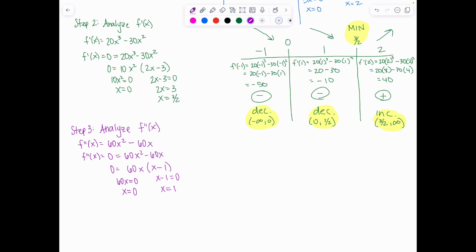So let's look around these values, 0 and 1. We'll look at negative 1, a half, and 2.